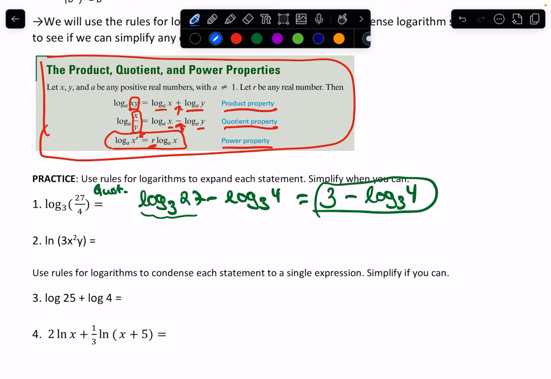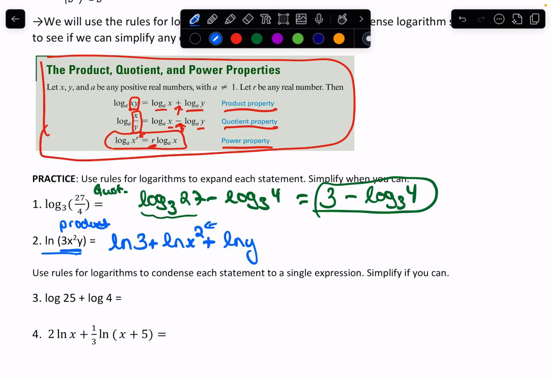Now, our next one has a multiplication here, so we're going to use the product property. So natural log of 3 plus natural log of x squared plus natural log of y. Now, we can take it one step further. For the exponent 2, we can use the power property.